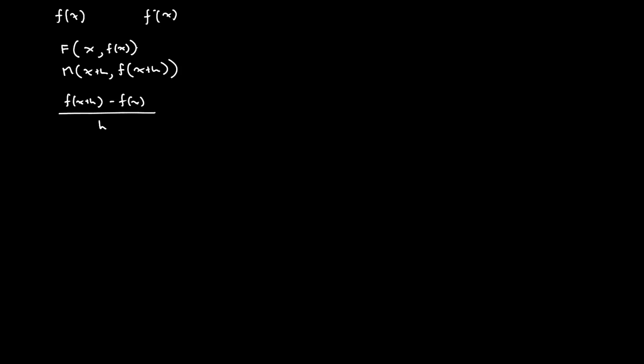And the cool thing is that this is a formula that you can use anytime in any situation to find the derivative. So we would say the limit as h approaches 0 is this thing. Okay, so there we go.